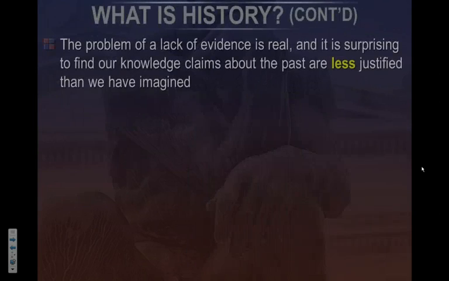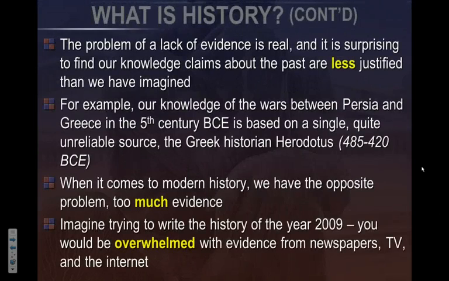Okay. Now, this lack of evidence is a real problem in history, okay? So, for example, the only knowledge we have of a war that occurred in the 5th century between Persia and Greece is from one author, okay? And it was a Greek historian. Anyone see a problem with that?